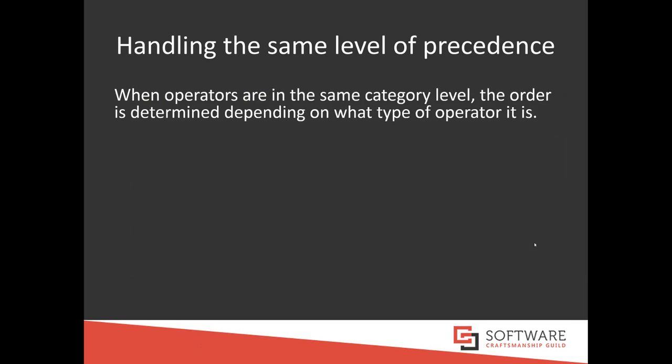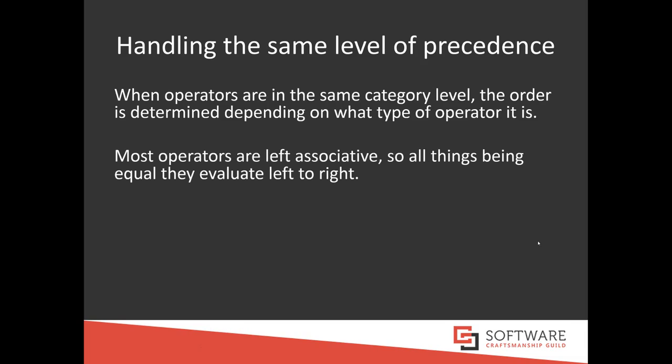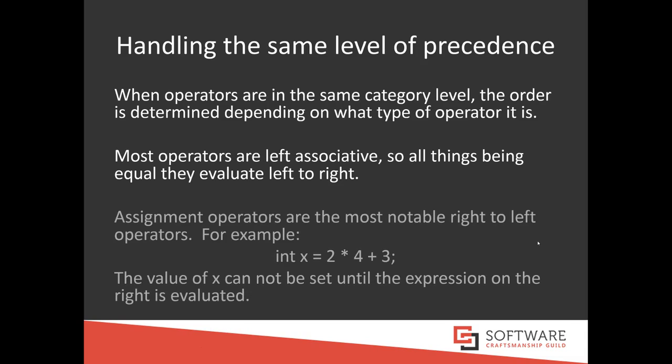We already mentioned that things get evaluated in a certain order. We call this precedence. When operators are in the same category level, the order is determined depending on what type of operator it actually is. Most of the operators are left associative, so if all the operators have the same precedence, you're just going to read them from left to right and do them in order.